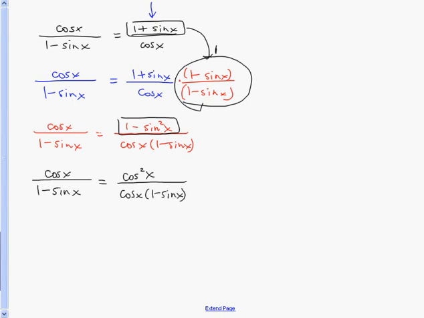And then those cosines go neatly away. Well, reduce. Cosine goes into here 1 time. So I have a cosine of x on top and a 1 minus sine of x on bottom, and I'm done. Woohoo!